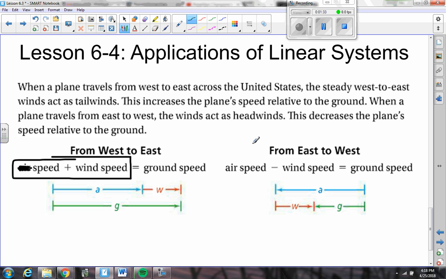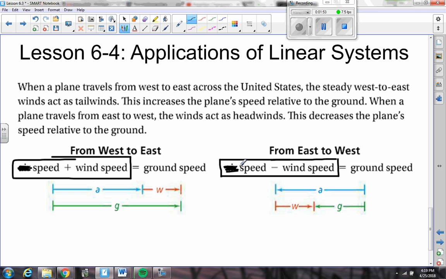And when you're working against each other, when you're trying to fly into the wind or paddle up a river, meaning against the river current, the two speeds are going to work against each other. So your speed is going to be subtracted by the speed of that wind or current.